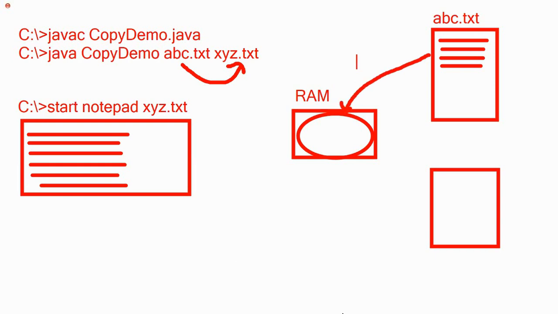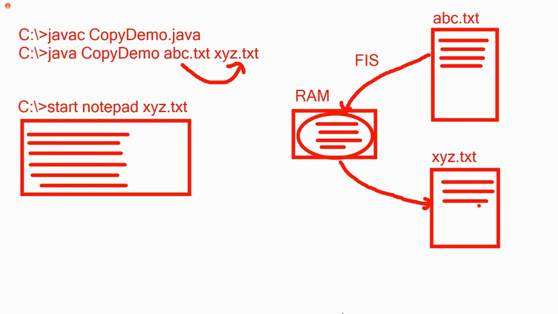For that, FileInputStream. You have to read. Next, you have to copy into another file, xyz.txt. This is my task. Your FileOutputStream will write this one.